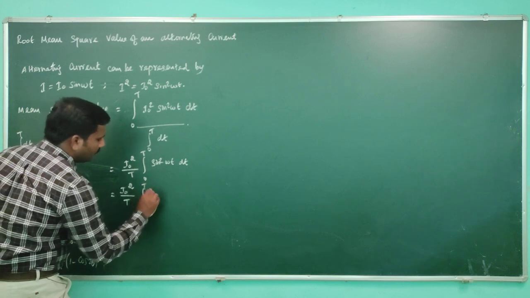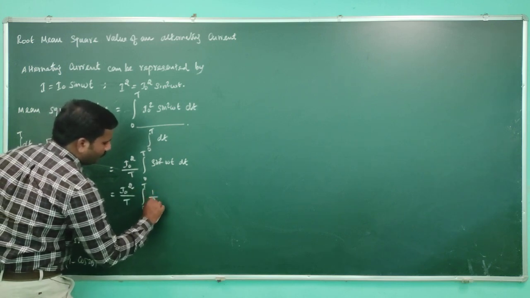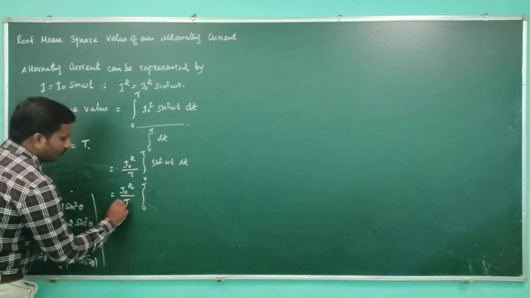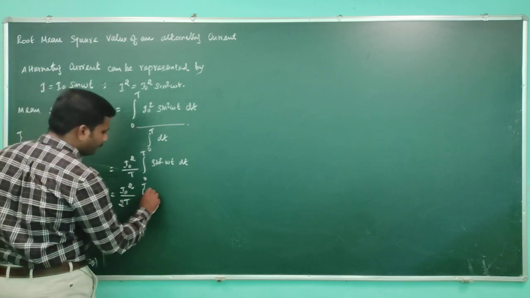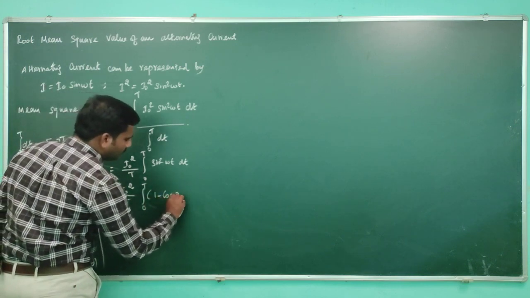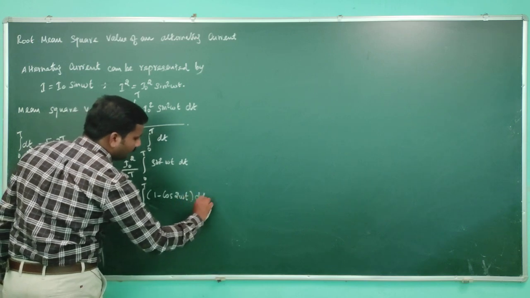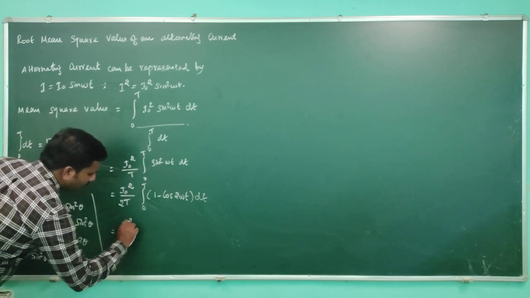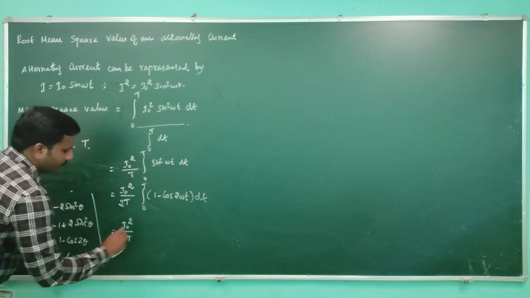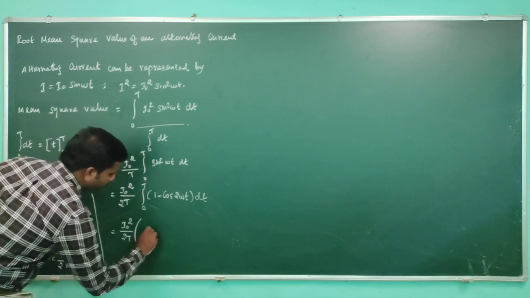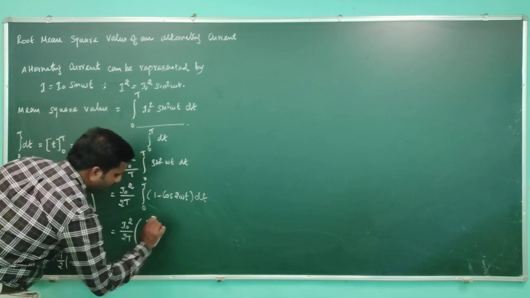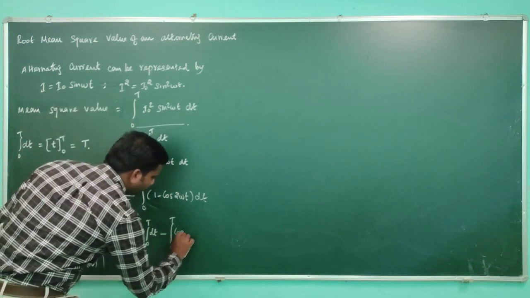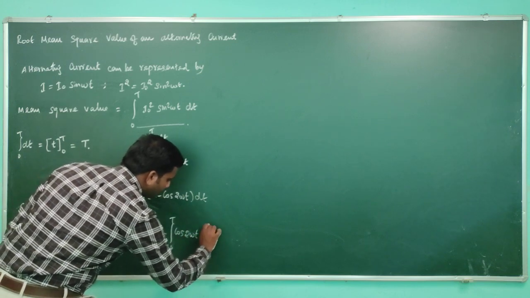We can bring the 1 by 2 out, so I naught square by 2T, integral of 0 to T of 1 minus cos 2 omega t dt. Or you can write I naught square by 2T, integral of 0 to T dt minus integral of 0 to T cos 2 omega t dt.